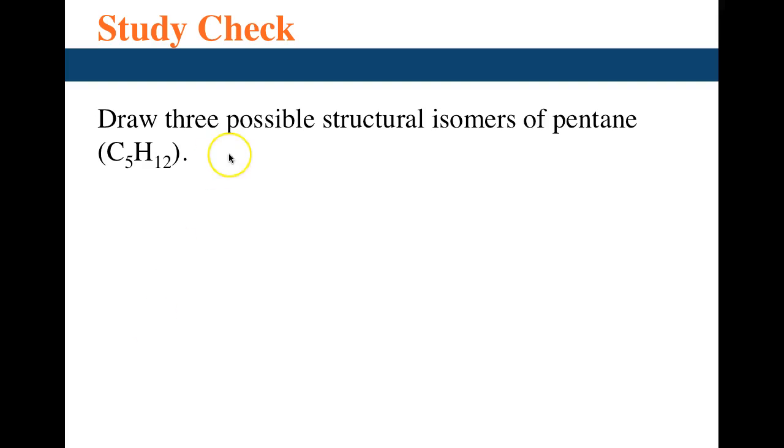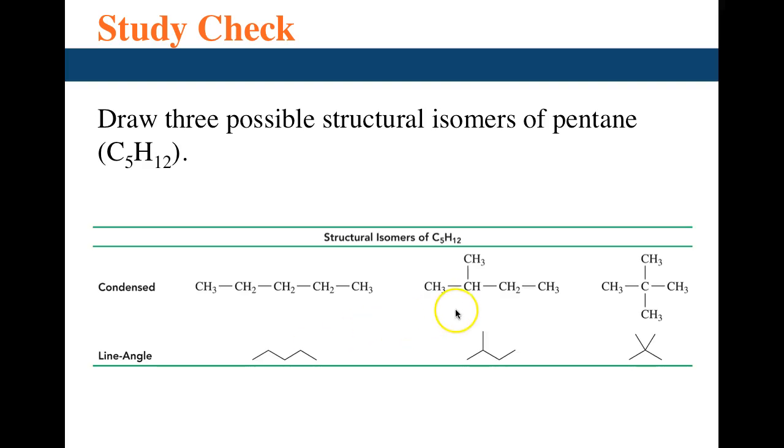So what are the structural isomers of pentane? You can have a long continuous chain that would be just pentane, and then you can have pentane with a branch. It looks like this. The long continuous chain is just the normal pentane, sometimes abbreviated as n-pentane.